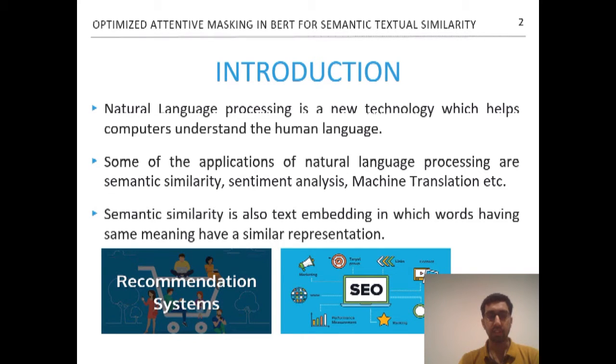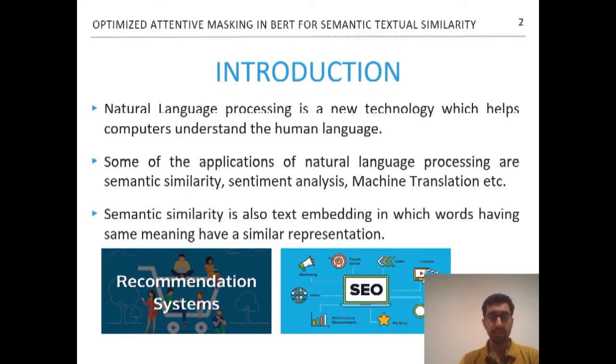That is basically the semantic similarity algorithms running in the background of all search engines. There are a lot of other applications of semantic similarity, including recommendation systems, search engine optimization, and a very lively example is hashtagging on Instagram and Twitter search.